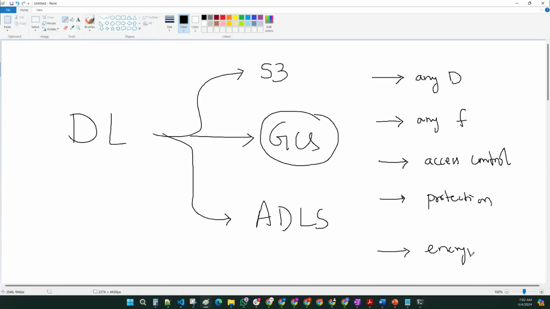These are all the important aspects. When it comes to access control, you need to worry about whom you want to share the data with. And protection is something like versioning the data or retention policies. All of these characteristics make up a data lake. Even S3 has the same things, ADLS also has the same things.